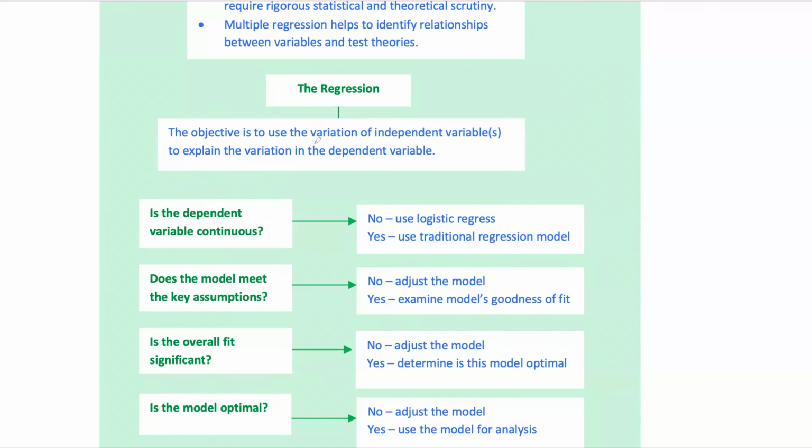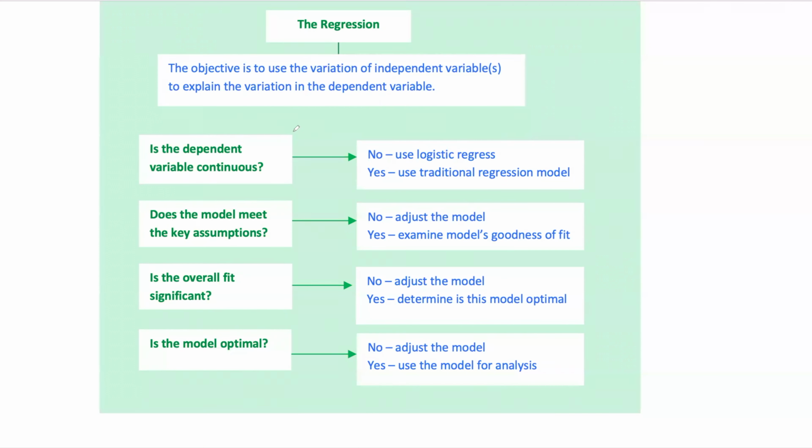So, folks, the whole point of regression is to figure out how one thing, our dependent variable, changes based on multiple other factors, independent variables. And to do that, first we need to ask some key questions, just like a checklist before launching an investment strategy.